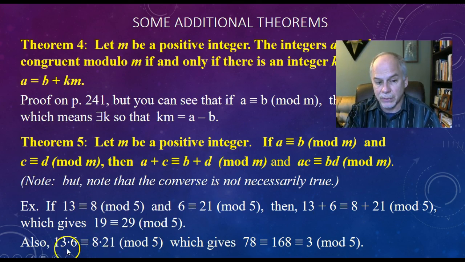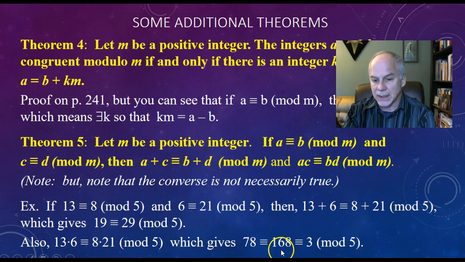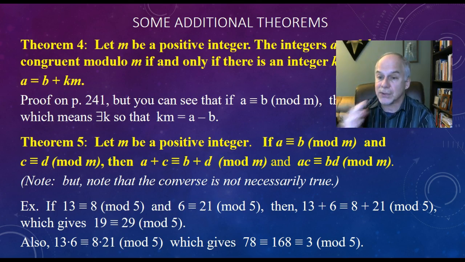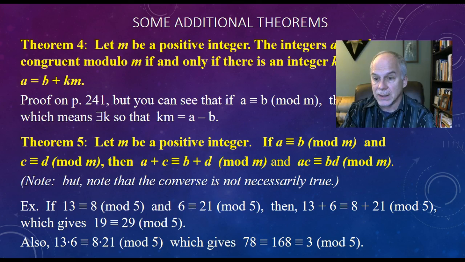So 13 times 6 is congruent to 8 times 21, which if you multiply that, you get 78 congruent to 168. Both of them are congruent to 3 mod 5 because the remainder is 3 when you divide by 5. Okay, so this is something to get kind of used to, all this thinking, but once you do get used to it, it comes a little bit easier.